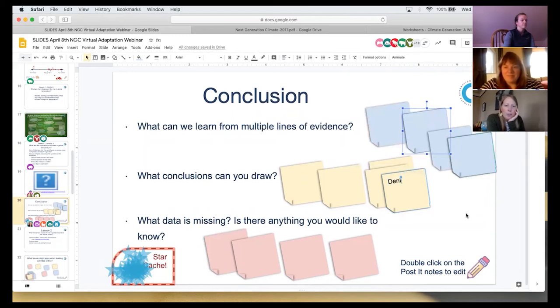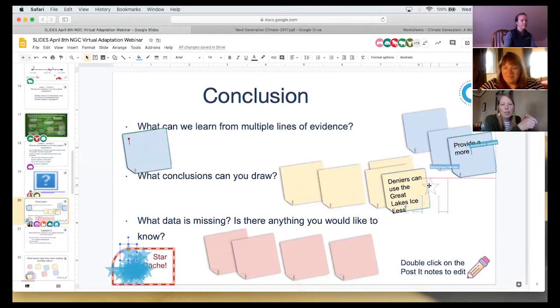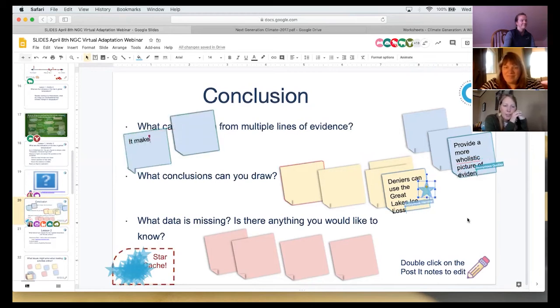And if you agree with something someone has written on a post-it note, there's a star cache on the bottom left, and you can pull a star out and go ahead and star someone else's comment. So we'll give a few more minutes to have you guys look at your figures, the worksheet, and this slide.